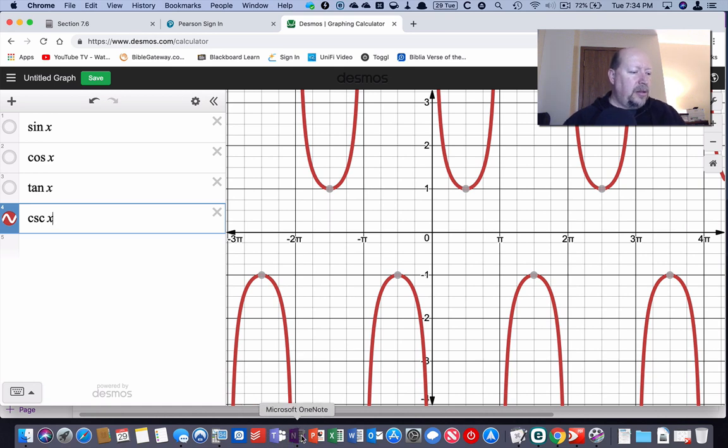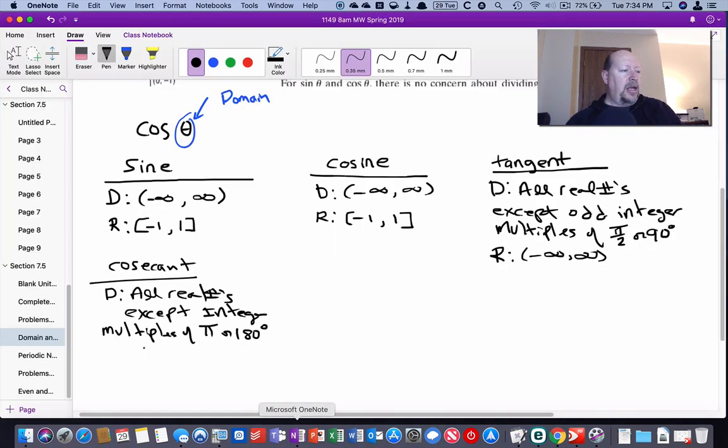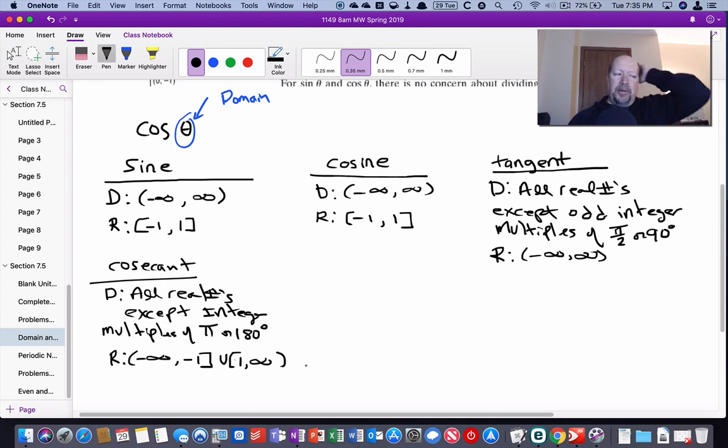So let's go back in here, and for the range, we're going to say -infinity coming up to -1, bracket, union, jumping up to 1 with a bracket, and then to positive infinity. So that would be the range of the cosecant.